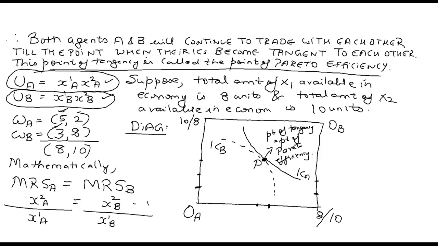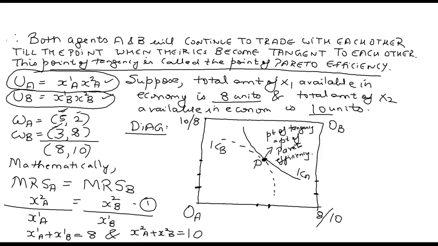This is one condition I have got. Another condition is that the total amount of good 1 consumed by both the agents should be equal to the total amount of good 1 available in the economy, which is 8. And the total amount of good 2 consumed by both the agents should be equal to the total amount available in the economy, which is 10.